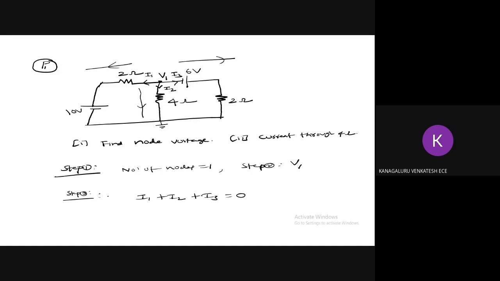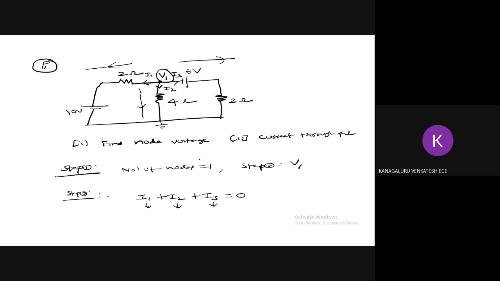I'm trying to find the unknown node voltage V1, so I'll try to convert I1, I2, and if possible I3 in terms of node voltage V1.